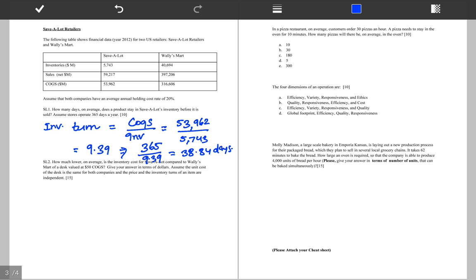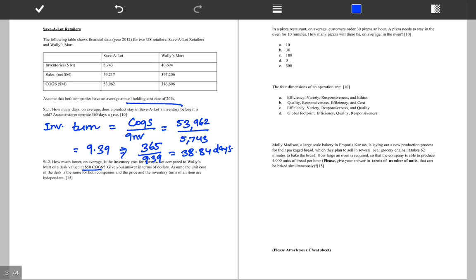The next question was a little tricky. The question says, for both the retailers, the COGS is $50, right? And both of them have the same holding cost of 20%. Then how much is the holding cost per unit for each of the retailers?